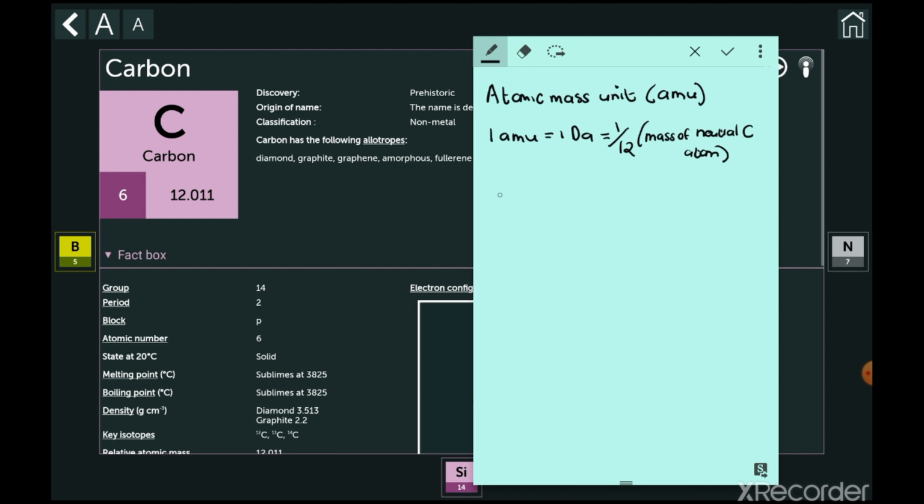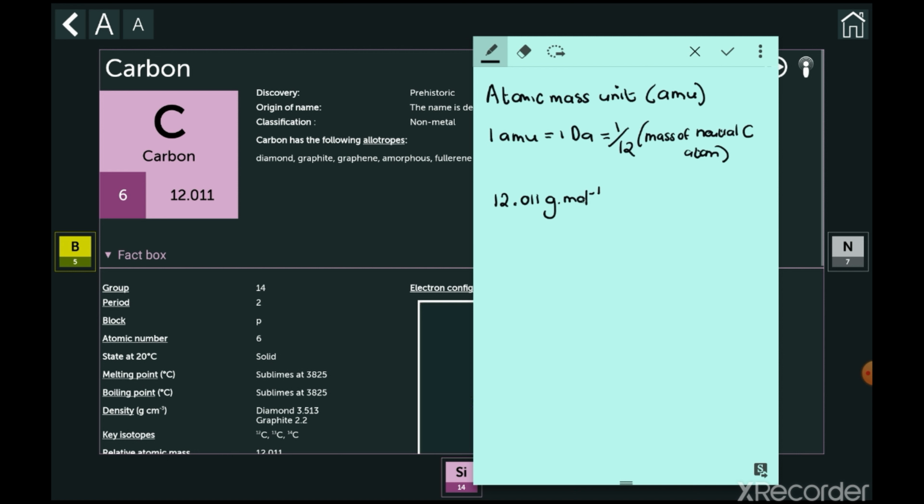On your periodic table, you can see that the atomic mass is given as 12.011, and like I said earlier, we can also denote this as grams per mole. I'll explain this in more detail when we talk about how to work out the mole calculations and how to calculate this value.